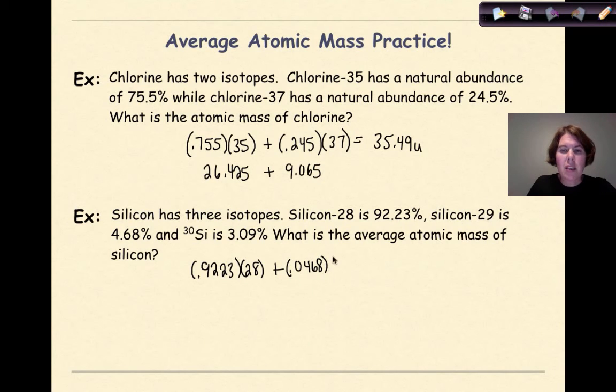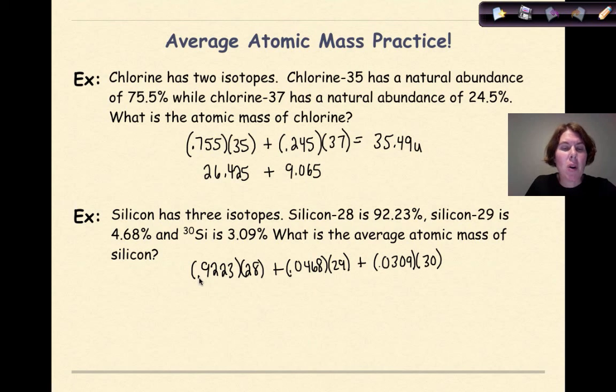I'm going to multiply that times 29 plus, and then my next percentage, same thing here, 3.09. I've got to move it over 2 decimal places. So 0.0309 times 30.